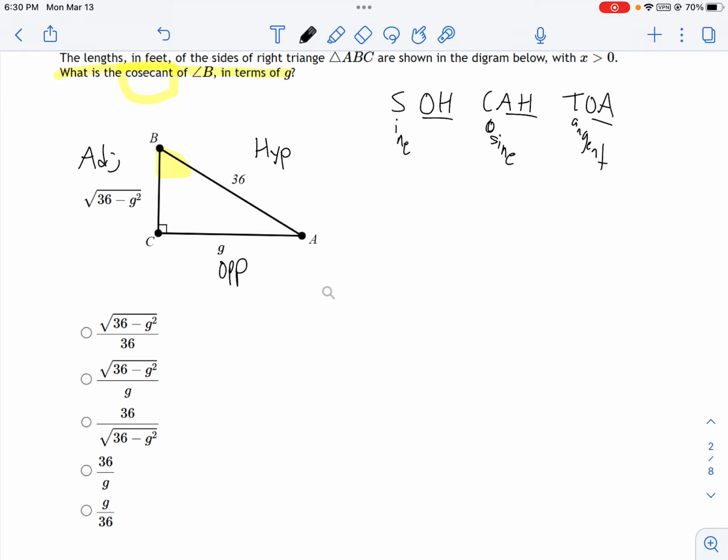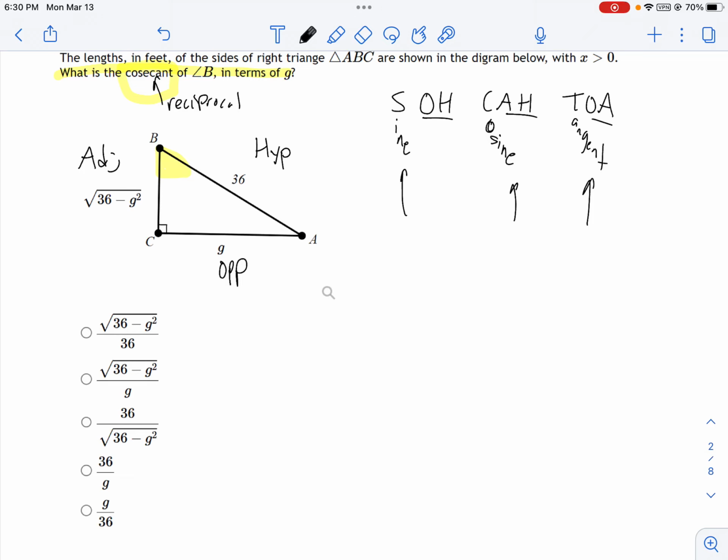So you'd say, alright, well, cosecant. Is cosecant either sine, cosine, or tangent? None of the above, right? Cosecant is something different, but hopefully you know that cosecant relates to one of your three trig functions over here. We call cosecant a reciprocal function.